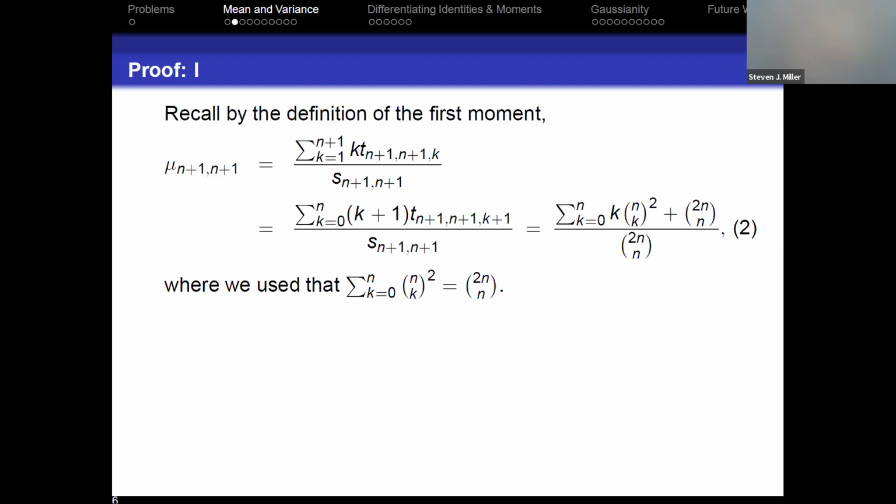Now, the other way you could have seen that the sum over the T's is 2n choose n is to use the binomial identity: the sum of n choose k, squared, is 2n choose n. Have you seen a proof of this result? Have you used this result before?